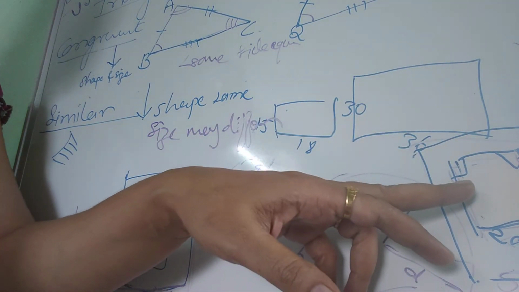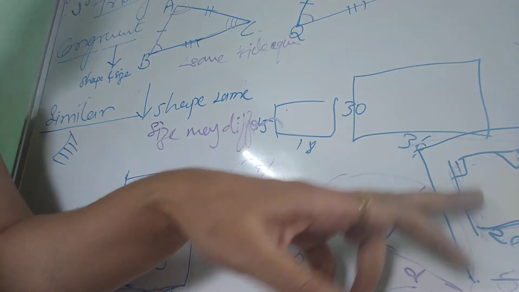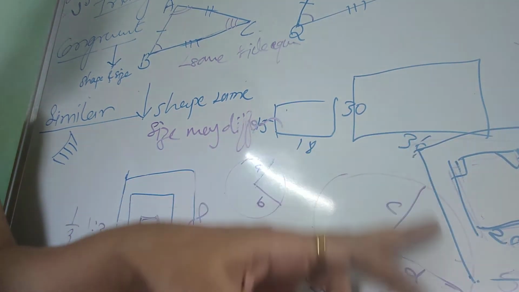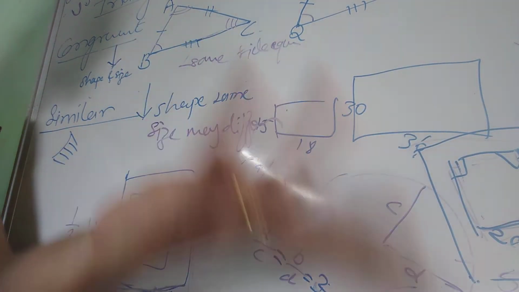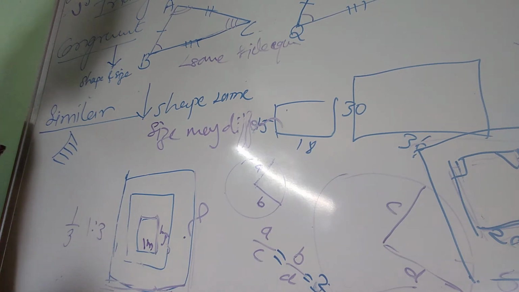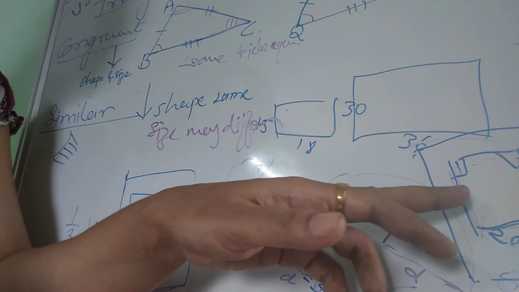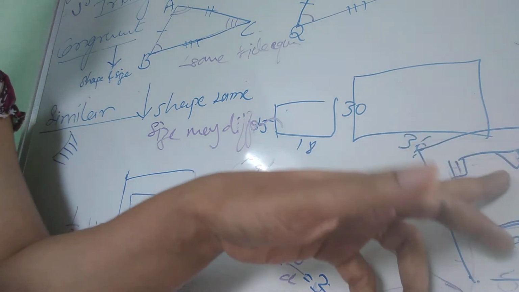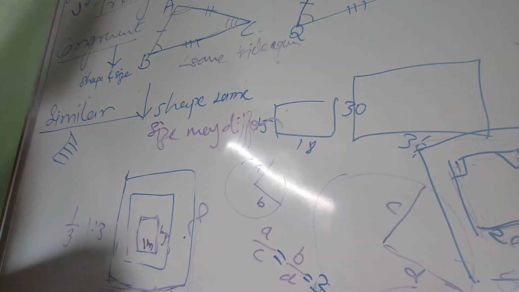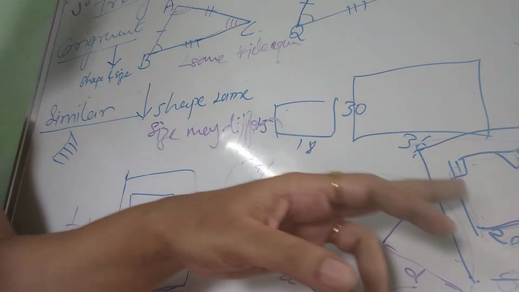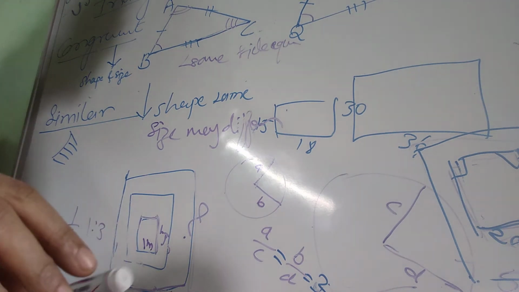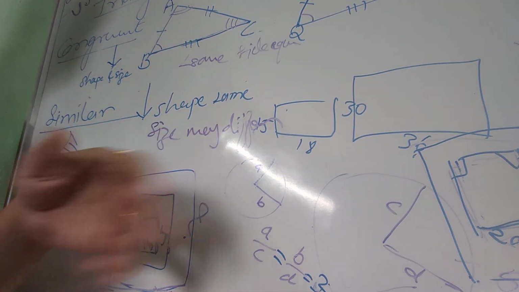Now, another example: this is a square of 2 centimeter and another square. This is an example of a polygon. Here again you can say the same scale factor is there, so these two figures are similar figures. When we are talking about a polygon, we should see the angles also.